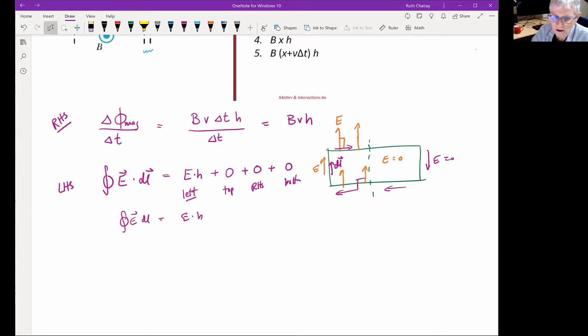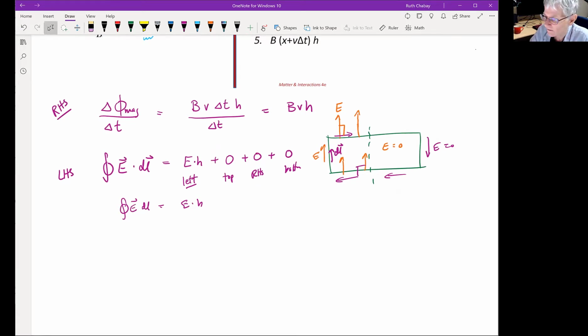So if we put this all together, the integral of E dot dl is the change in magnetic flux. And so we have E times h is B v times h, and obviously we can cancel out the h's.